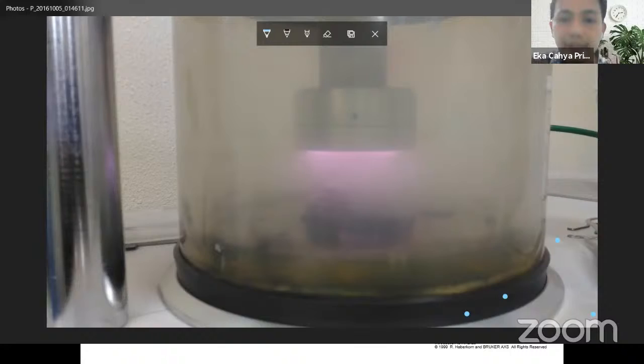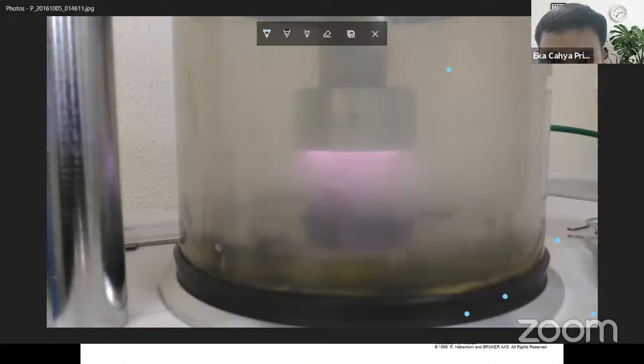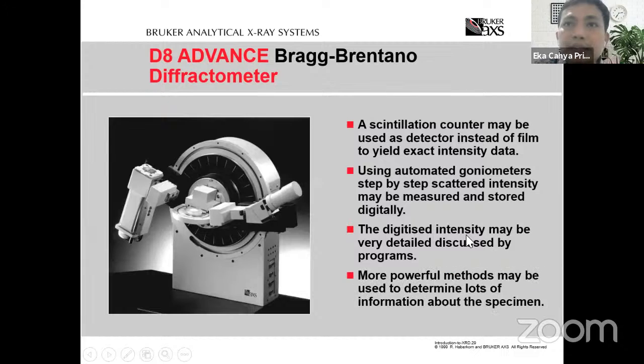Why can I not show another image? Sorry. I have to seek the image first, but okay, we just skip.